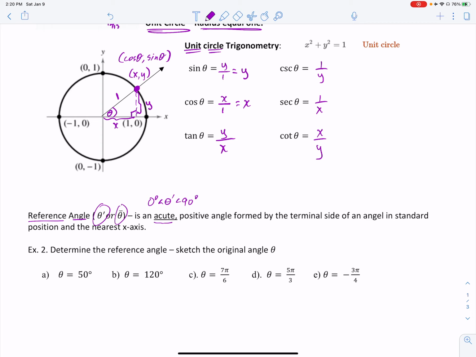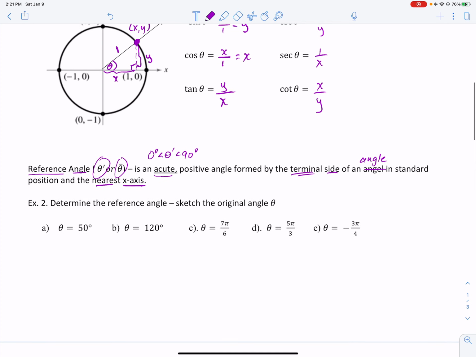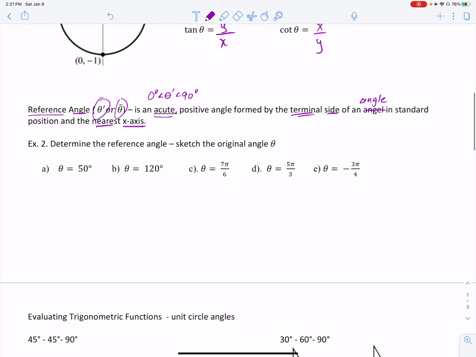It's always positive, and it's formed by the terminal side of an angle in standard position and the closest, nearest x-axis. So we'll show you that as we draw these. To determine the reference angle, sketch the original angle theta. So we have a circle.